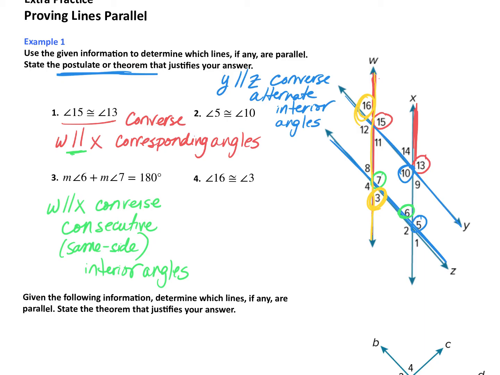So if W is the transversal, it means that Y is parallel to Z. And if you take a look at their position, they're on opposite sides of the transversal, and they're on the exterior of lines Y and Z. So those two lines are parallel based on the fact that 3 and 16 are alternate exterior angles.